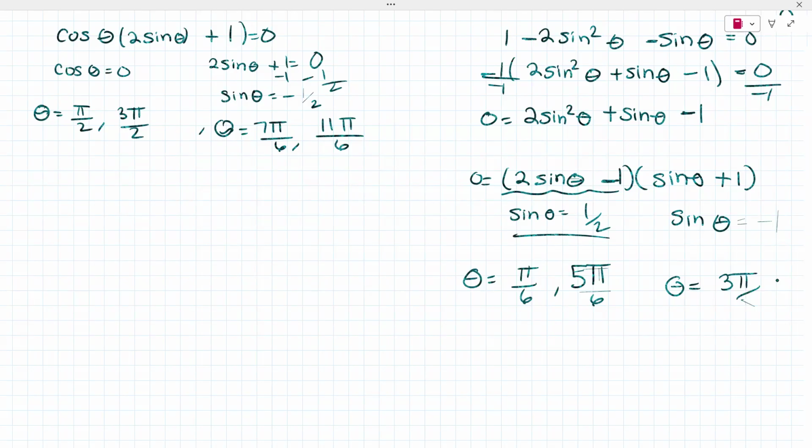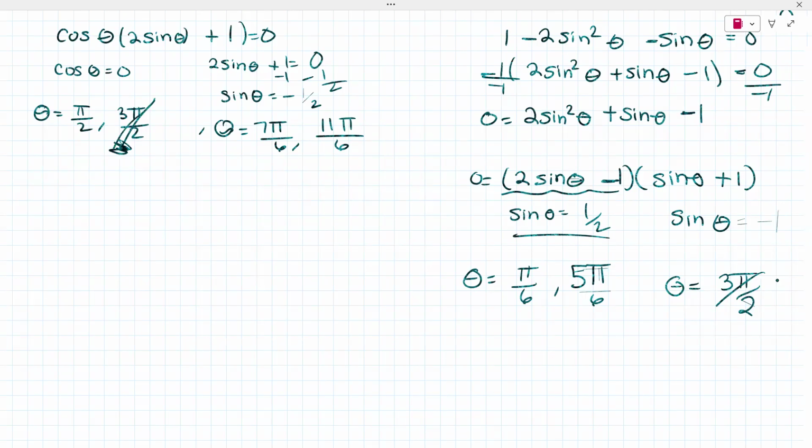If you look at our theta, notice that 3 pi halves repeats, so we can just use 1. So I think you can eliminate this one.